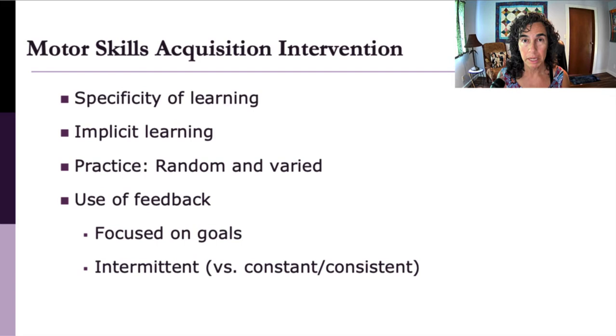We also use feedback in MSA, and it's focused on the goals, not so much on, wow, what a great person you are, as well done getting the ball all the way to me when I was standing 8 feet away, right? So it's focused on the goal. The goal is throwing. The feedback is going to be about throwing.